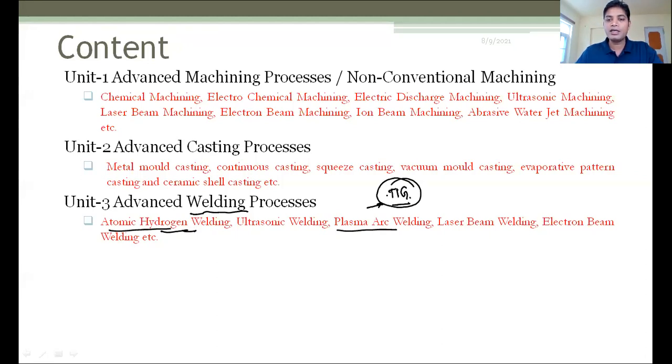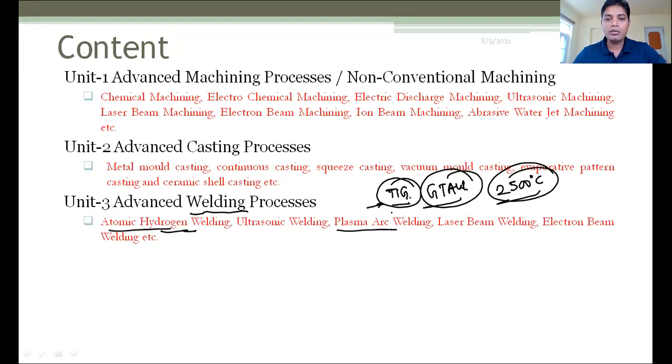TIG is tungsten inert gas, or we can write it as GTAW, gas tungsten arc welding, in which we use a tungsten electrode. Why do we use it? Because it has very high wear resistance at very high temperature, more than 2500 degrees centigrade, it will not wear out.